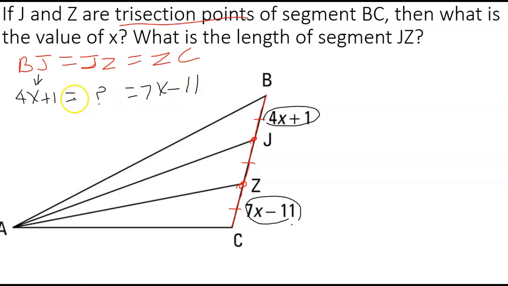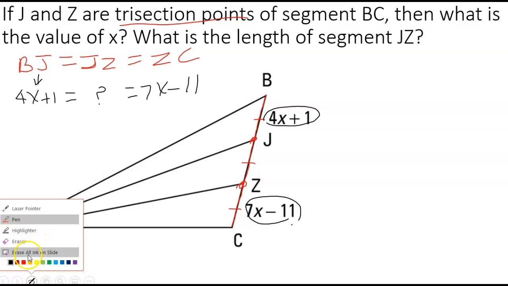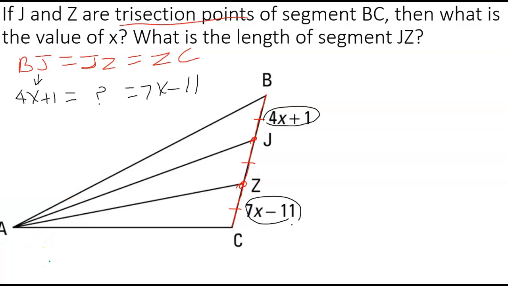So if we collect like terms, we can subtract 4x from both sides because 4x is smaller than 7x, and we can add 11 to both sides.